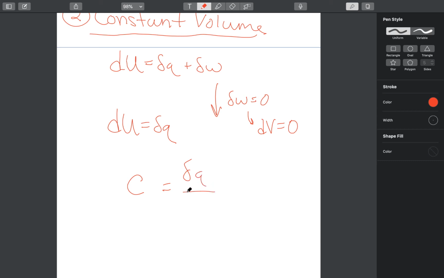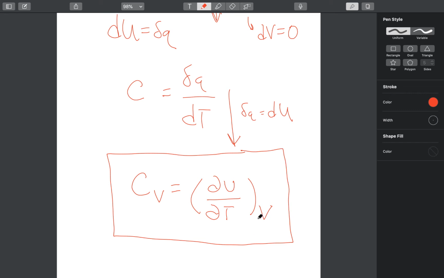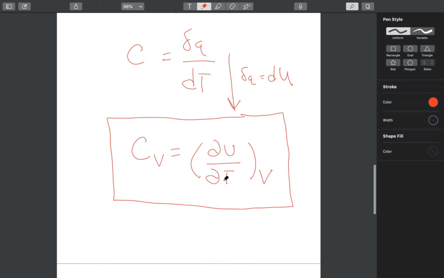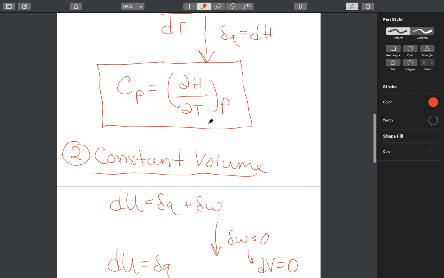So this is our original heat capacity equation. And since under constant volume, dQ is equal to dU, we come up with another form of heat capacity, which is this form. Now note that these two forms of heat capacity do not give the same values. We're not going to get into that because it's not relevant for general chemistry. Most of general chemistry uses Cp values.